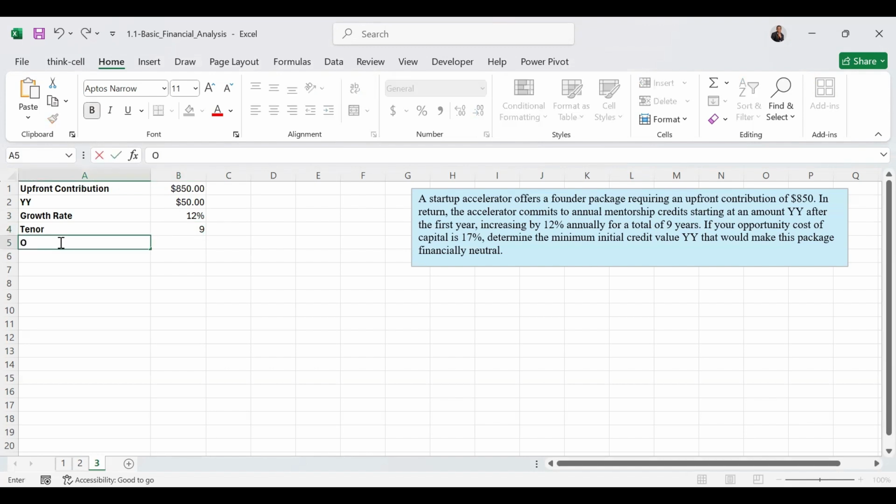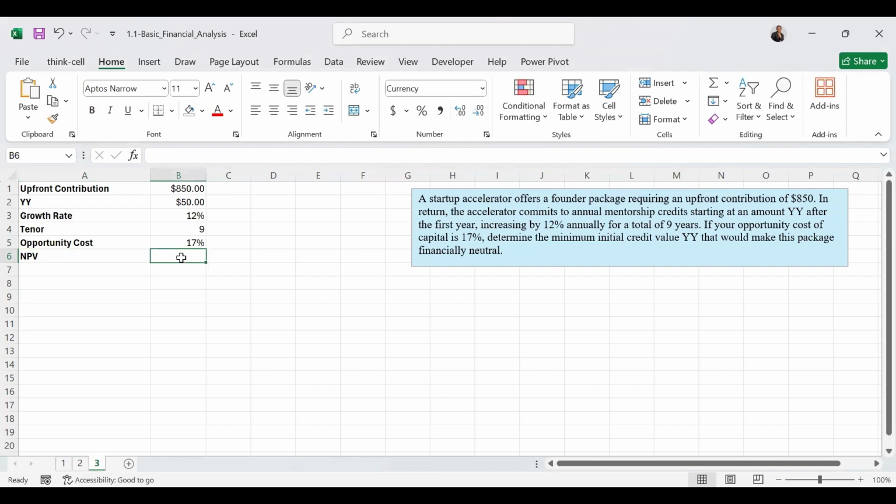Our opportunity cost is 17%, and our NPV, that's net present value, is what we are looking for now, since we are putting in this 50 as a start value. So we are going to use this 50 to get our NPV.